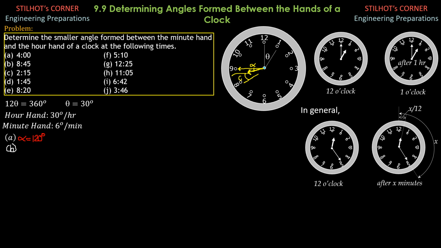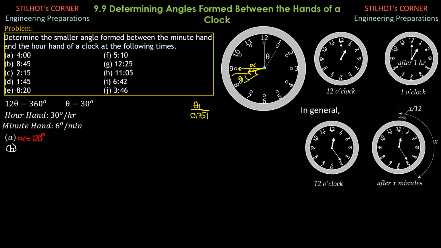I'll call this theta 1, and this corresponds to 45 minutes, and 45 minutes in hours is, I'll just solve it here, 0.75 hours. So theta 1 corresponds to 0.75 hour.